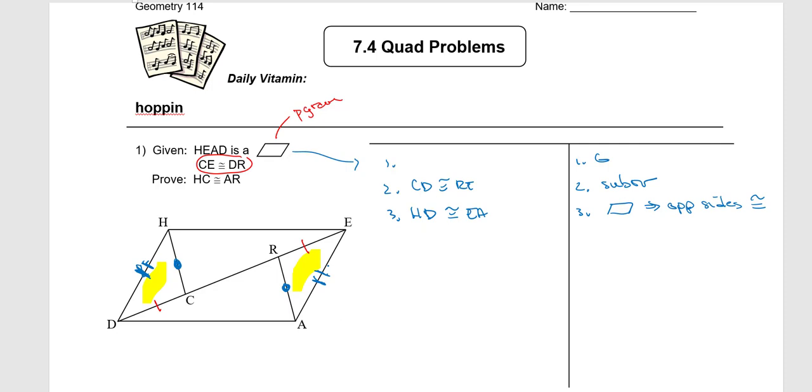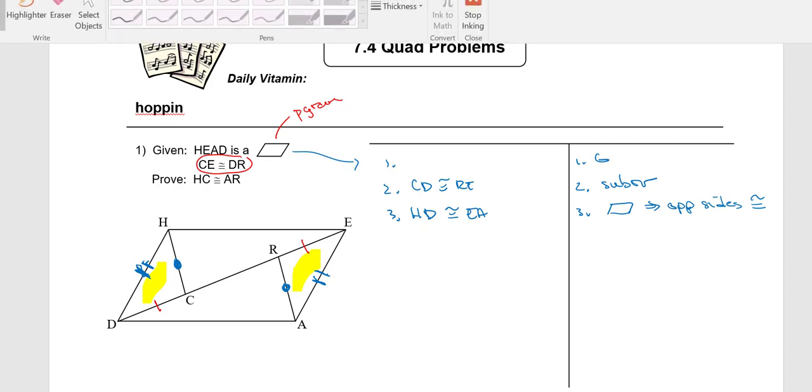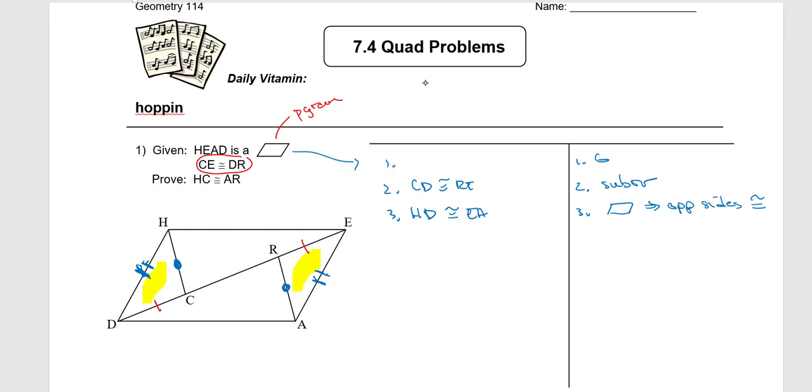And I also have opposite sides parallel to each other, so I know that these two are parallel. So in step 4, I can say that HD is parallel to EA. If I have a parallelogram, then the opposite sides are parallel.